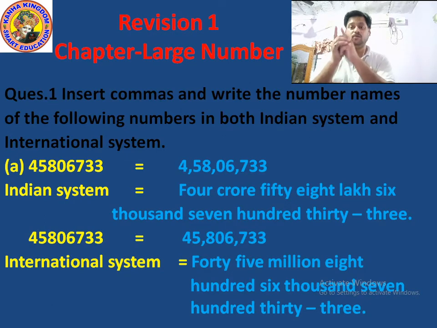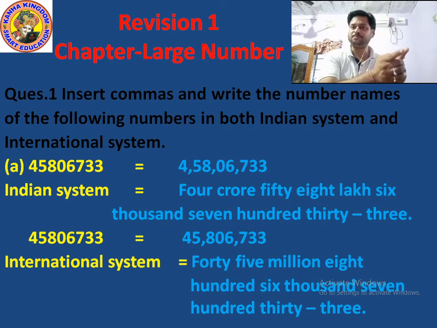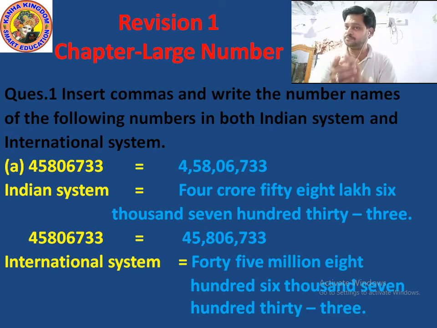Which are they? Ones period, thousand period, and millions period. In ones period how many place values? 3 place values. And after that thousand period, and in thousand period how many place values? Here also 3. And after that millions period, and here also 3 place values.